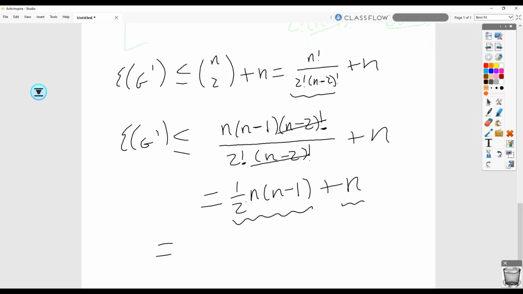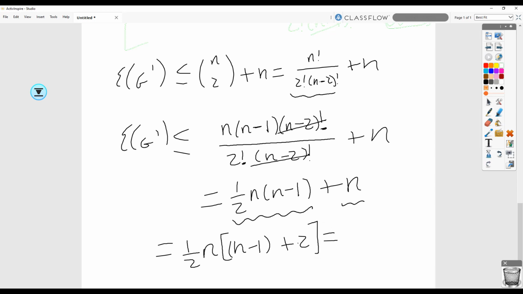So if we take out a factor of, I don't know, let's take out a factor of half n, then I get n minus 1 plus 2n. Now 2n, I made a mistake here. No, that should just be 2. I have made a mistake, because obviously half n times 2 is just n.